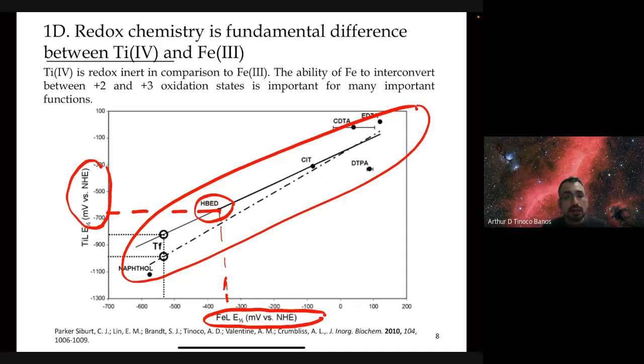That highlights a major difference between both metal ions, especially at a pH of 7.4. This is going to be very true at a pH of 7.4: iron 3 tends to be redox active, but titanium 4 is redox inert.